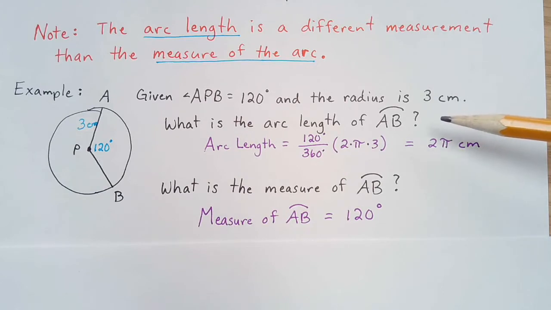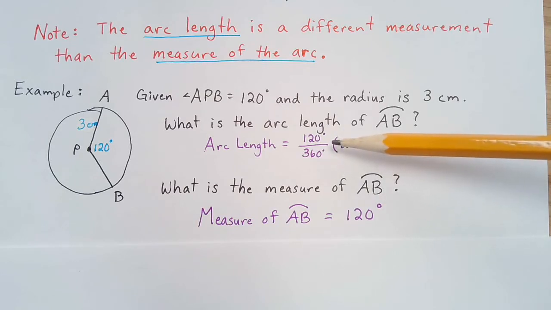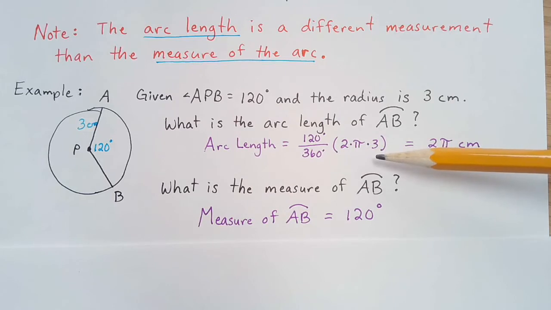It's the central angle over 360 times the circumference, which is 2 pi r. Once you multiply that out, we get 2 pi, and our units are centimeters. That's the arc length. Centimeters is a measure of length.